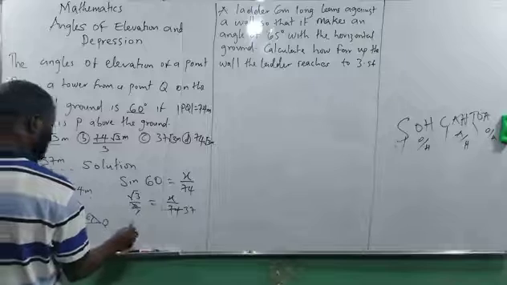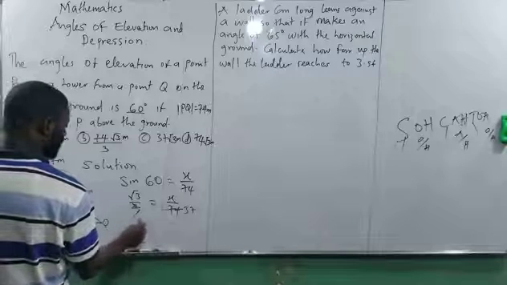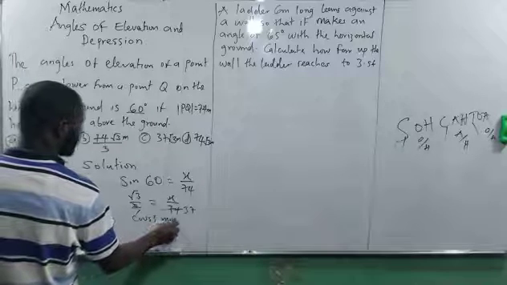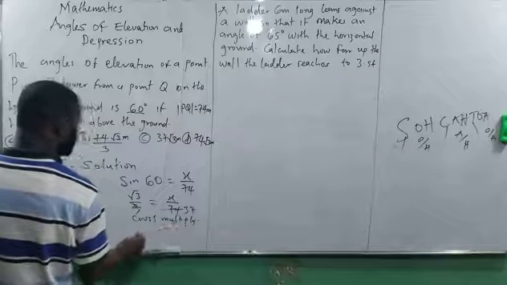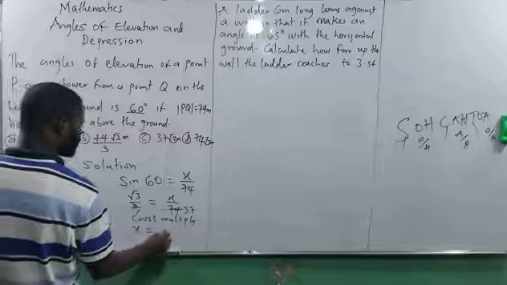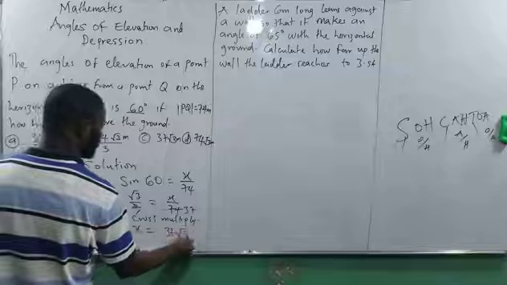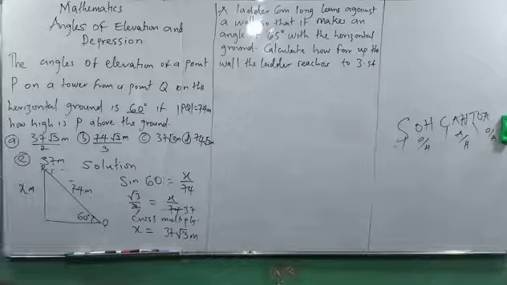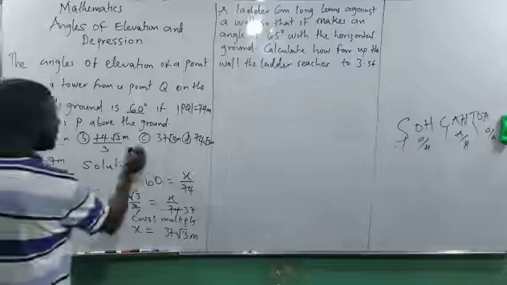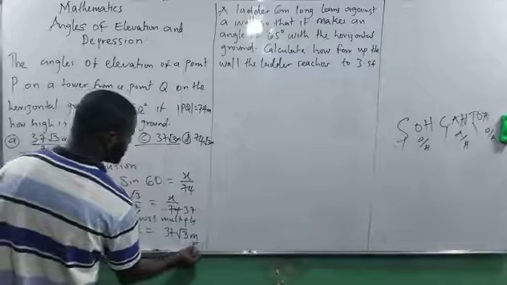When I cross multiply, I will have x equals 37 root 3 meters. It means the height is 37 root 3, which is option C.